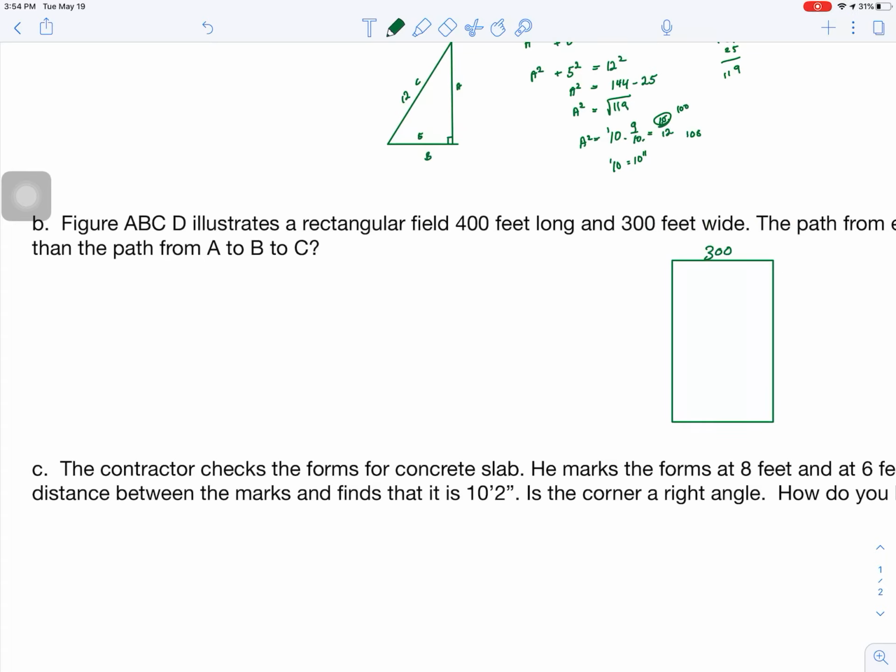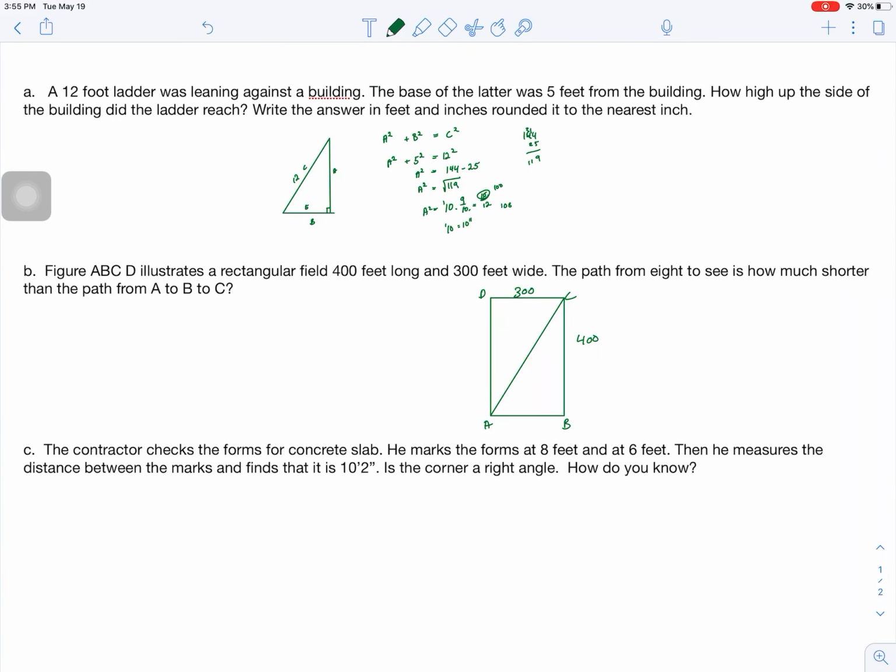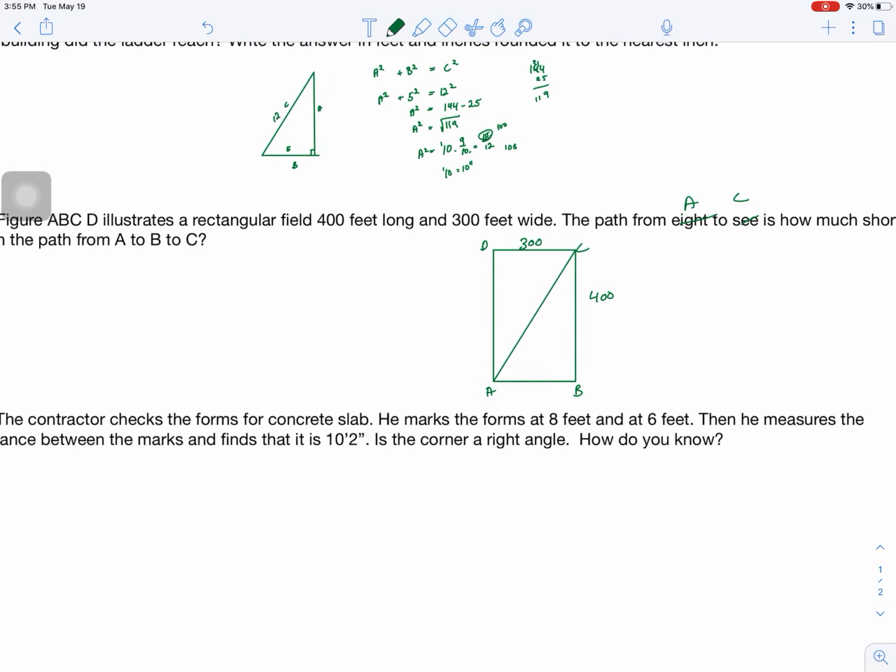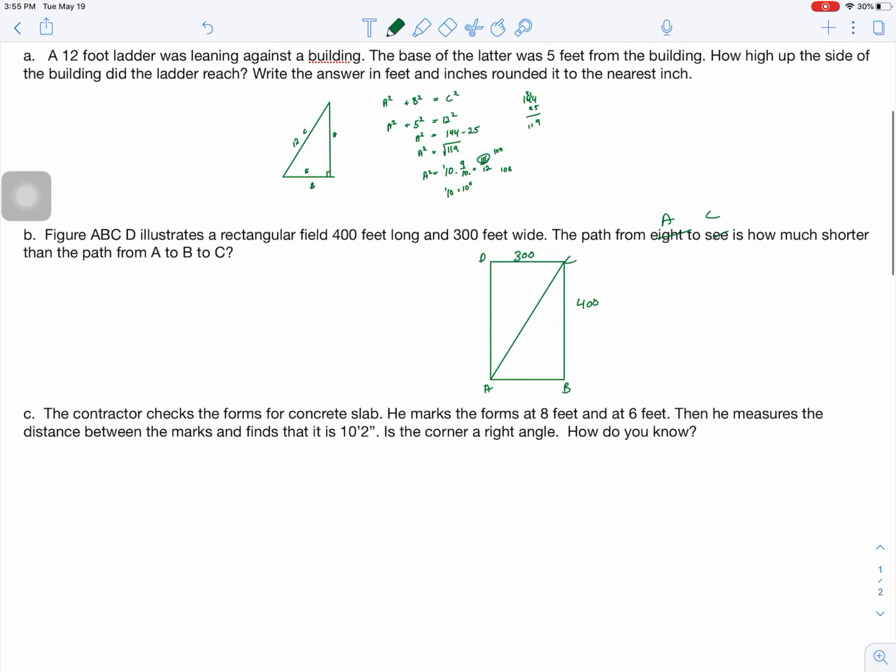And we want to know, it says, how much shorter is the path from A to C than it is if you go from A to B to C. So A to B is 300 and B to C is 400.